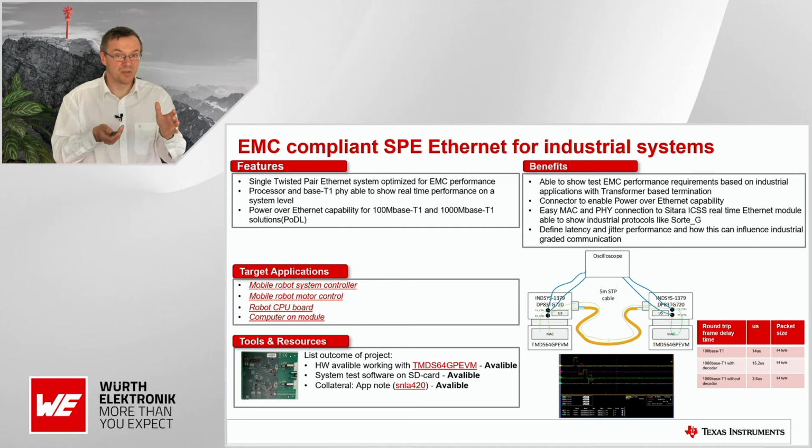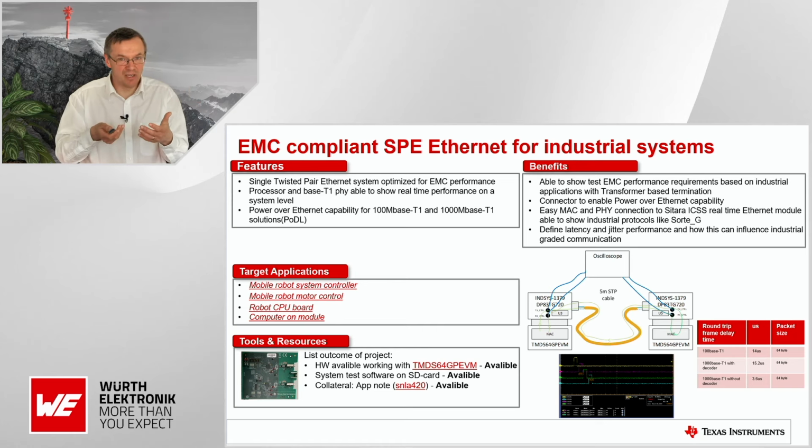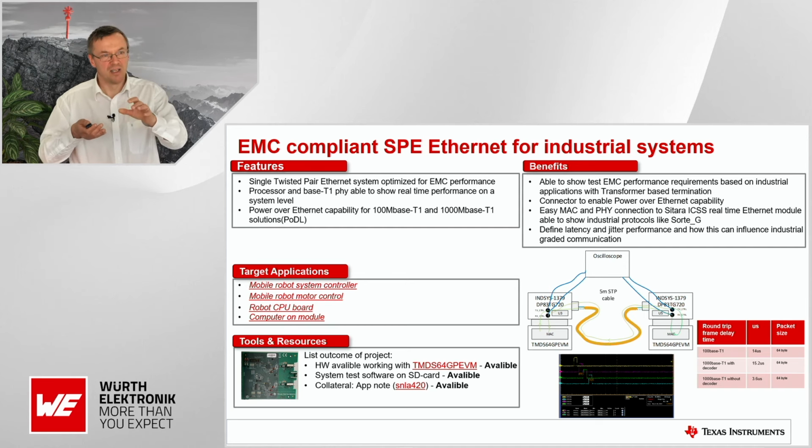A second thing, I mentioned it a little bit before, we also have a measurement showing that the single twisted pair PHY and also the MAC layer, if you build it up correctly, is ready for real-time communication. You can achieve it. We have measurements that we can share, and we will also be sharing that shortly, to try and go through all these small points that you need to understand to actually get to the point where you can say, single twisted pair, I believe it.